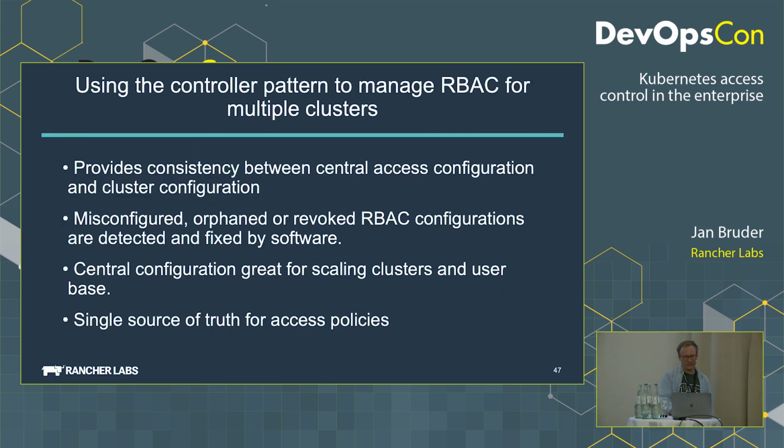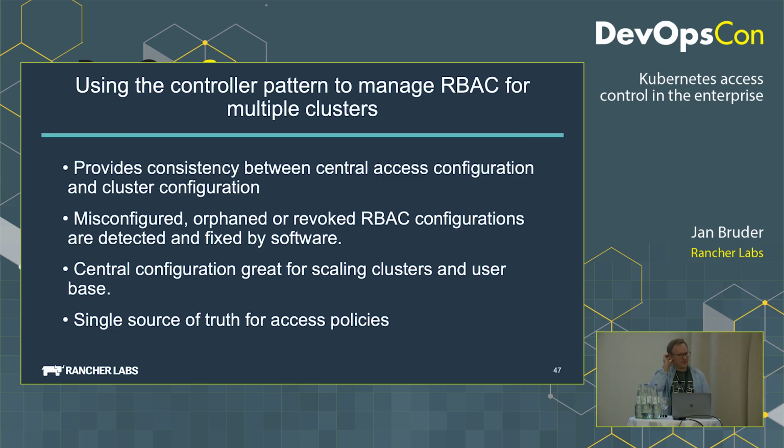So in this kind of pattern, we are using that in Rancher to manage RBAC, but on a global scale. Our controller uses the RBAC policies that the user has defined in Rancher, and compares them with the state of all clusters that Rancher manages. So now you have software that gives you the guarantee of a consistent configuration in the cluster.